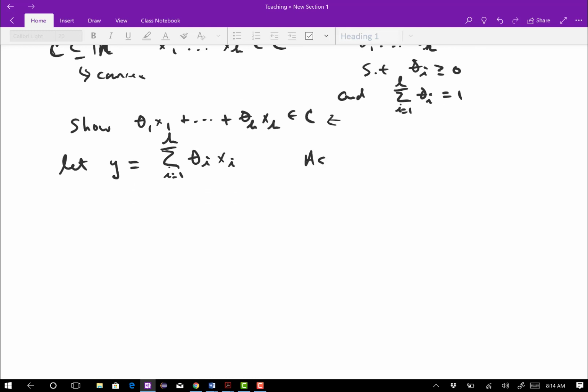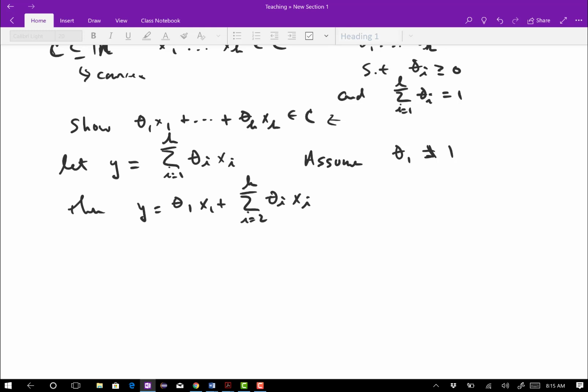Let's also assume that theta 1, the first theta in this series, is not equal to 1. And we can do this without loss of generality, and then we can rewrite y. What we're going to do, we're going to pull the first element of this sum out. So we're going to rewrite y as theta 1 x1 plus the sum of i ranging from 2 to k of theta i xi.